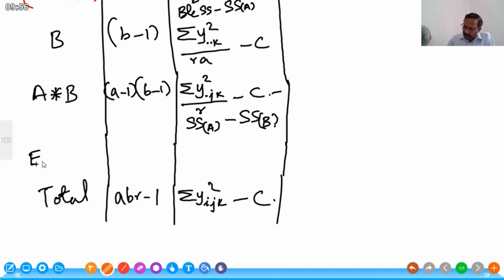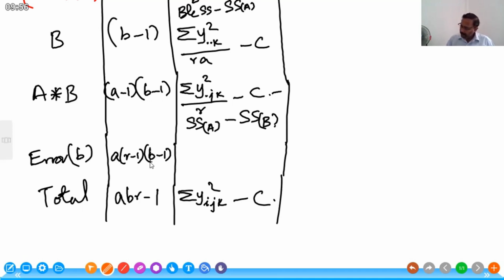Then the error B can be calculated as total minus rest, so that a into r minus 1 into b minus 1. So we can write the error degrees of freedom like that.